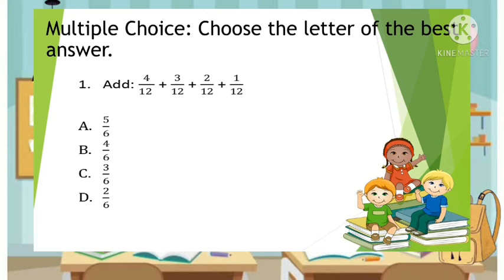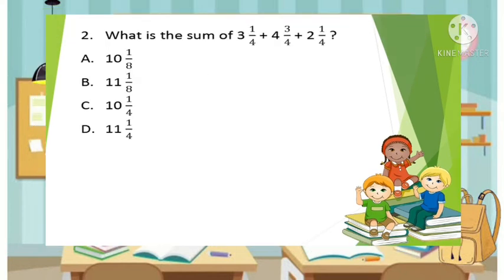For number 1, you add 4/12 plus 3/12 plus 2/12 plus 1/12. Letter A, 5/6. B, 4/6. Letter C, 3/6. Letter D, 2/6.